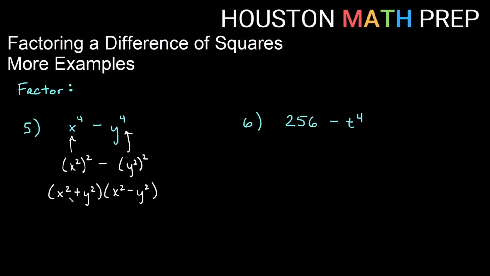Again, you will notice this is a sum of squares, which does not factor. This is a difference of squares, so we will continue. Keep the sum of squares with the difference of squares factoring again. So this is x times x, this is y times y, so we'll get x plus y and x minus y.